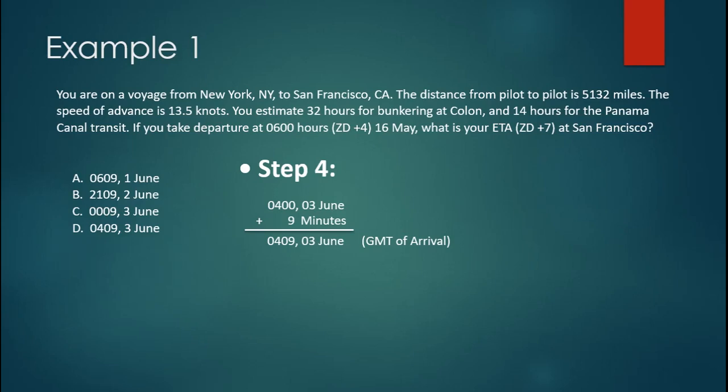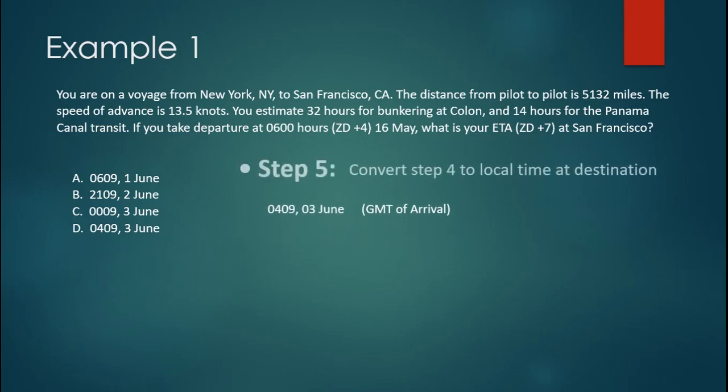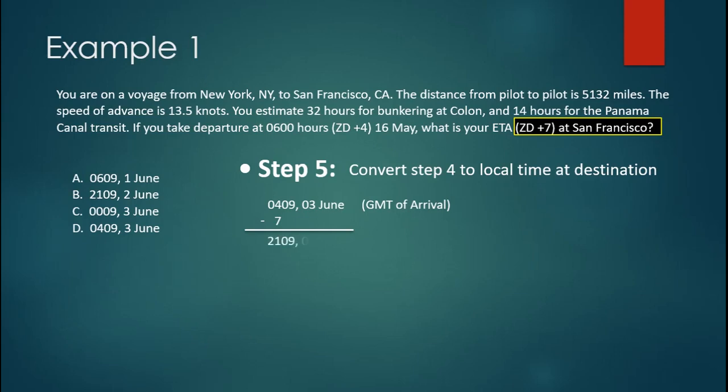So if our zone description at San Francisco is +7, to go from Greenwich to local, we will subtract that 7 to get local time. And it gives us a time of 2109 on 2 June as our local time of arrival.